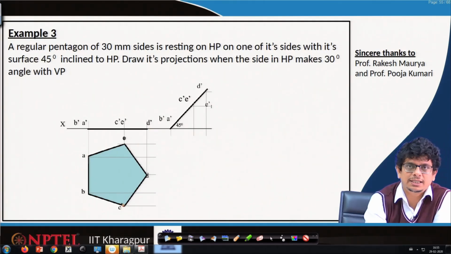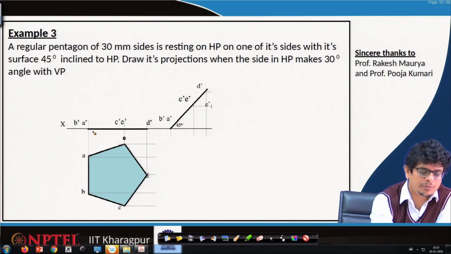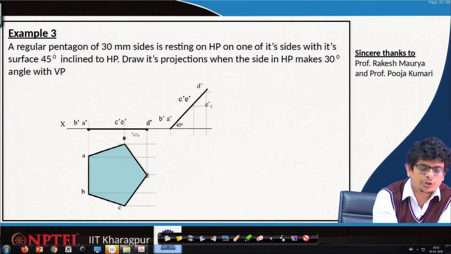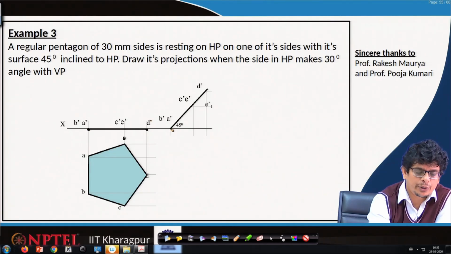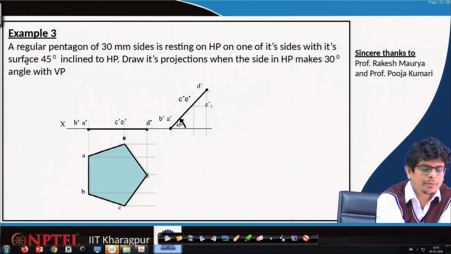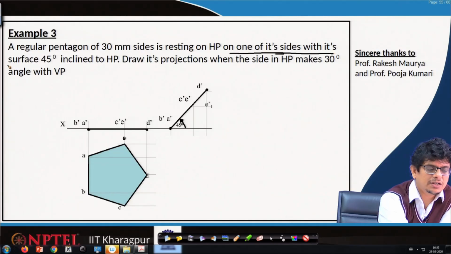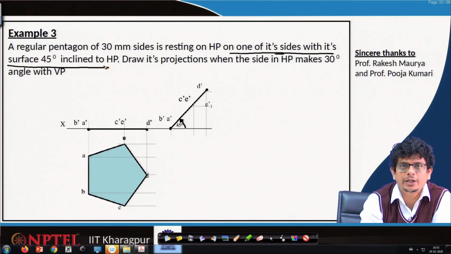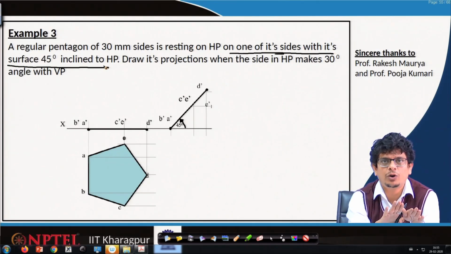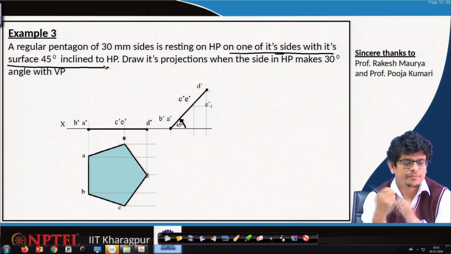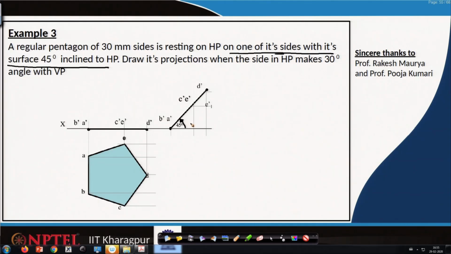So, first construct this pentagon, after that project it, get the projected length. Once the projected length is available, we use the same projected length, but with 45 degrees, because one of its sides has its surface 45 degrees inclined to the horizontal plane. Anything inclined to the horizontal plane, we can see in the vertical plane. So, on the vertical plane, we have that 45 degrees.